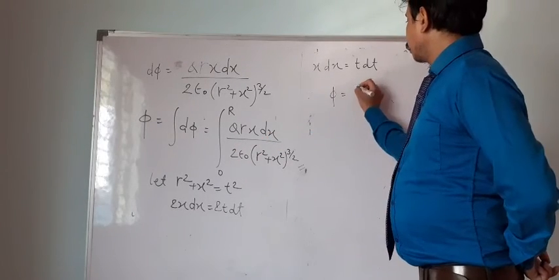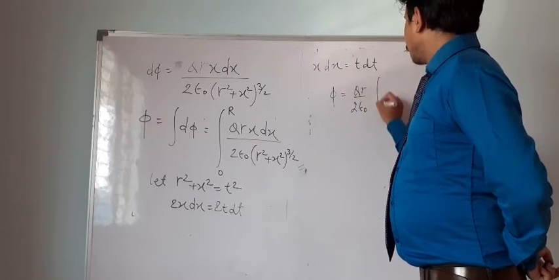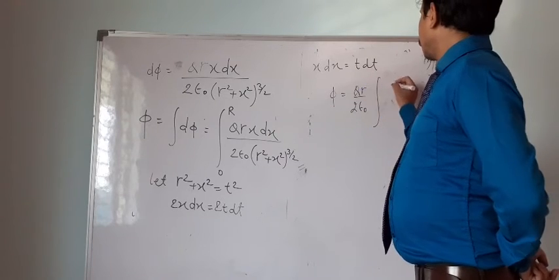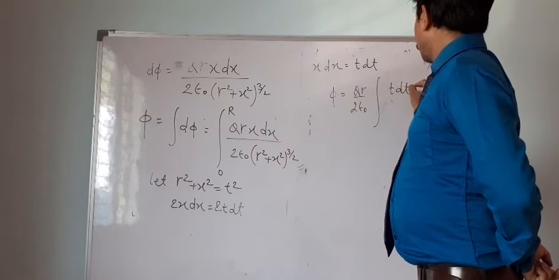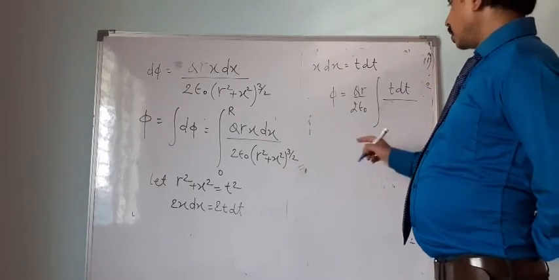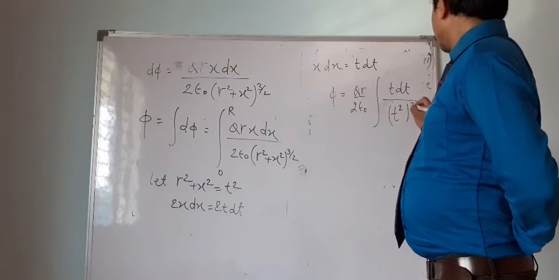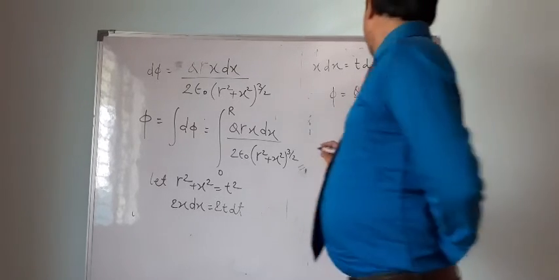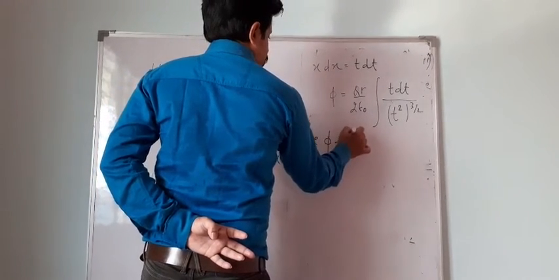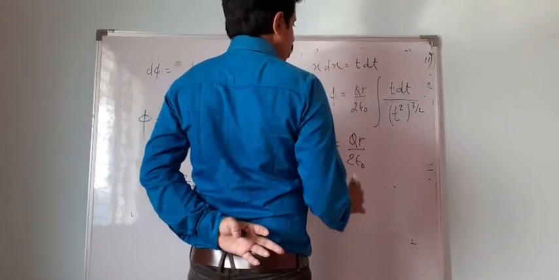So q r by 2 epsilon naught, integral of x dx, in place of x dx I am writing t dt, and r square plus x square equals t square, so it is t square to the power 3 by 2.